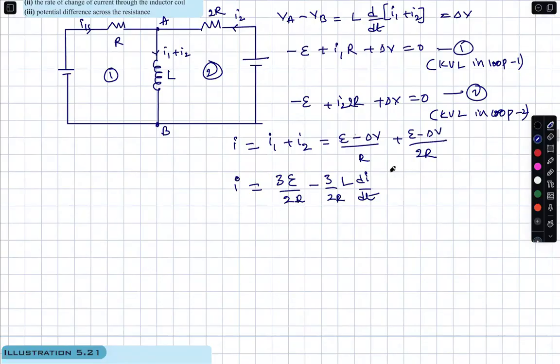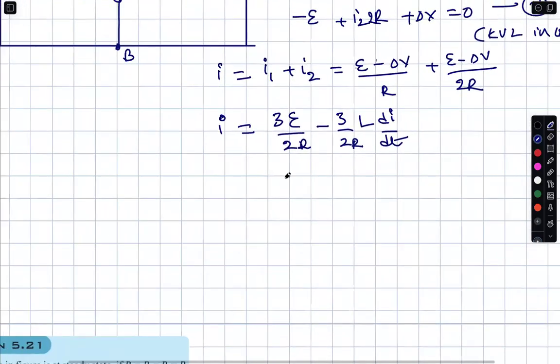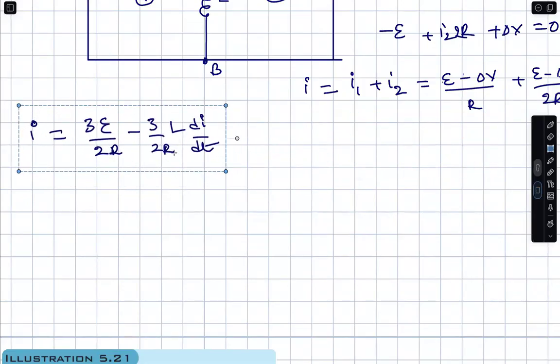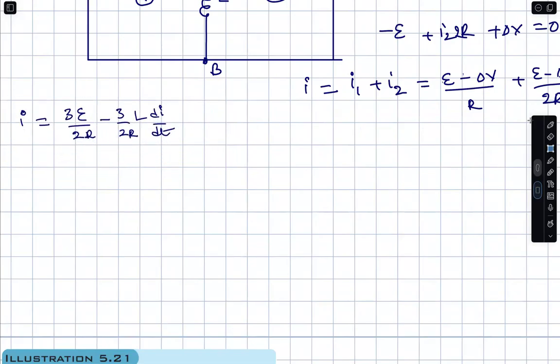Now you know how to handle this. I am writing this part here carefully. Now this part, we'll shift it to here. I'll just rearrange this properly.